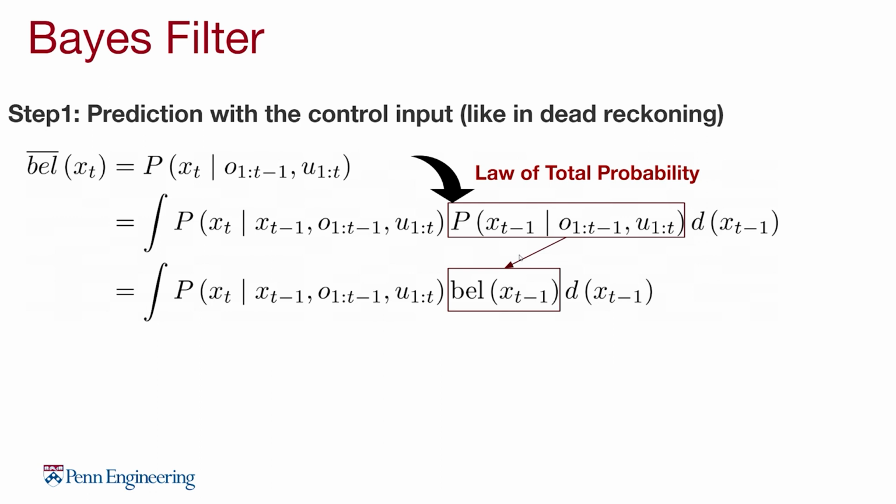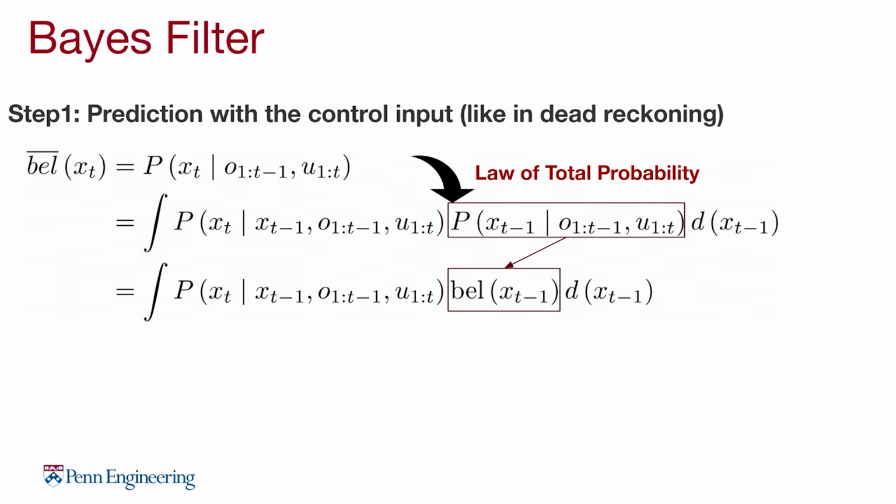So what we can do is apply the law of total probability. We know that for a state, there are many possibilities that it can be transferred from the state of the last time step.